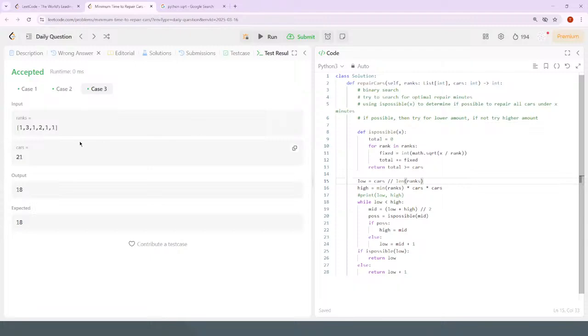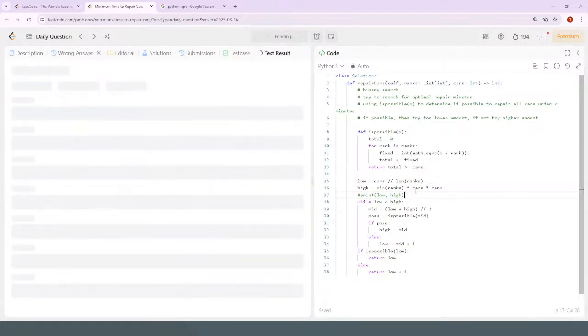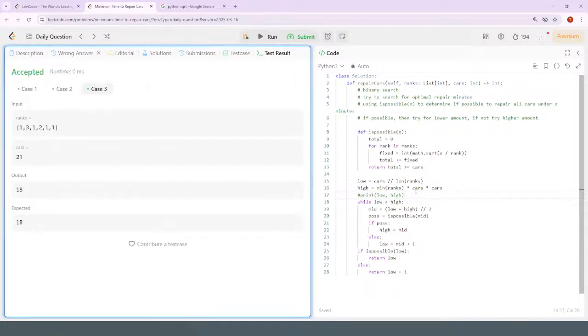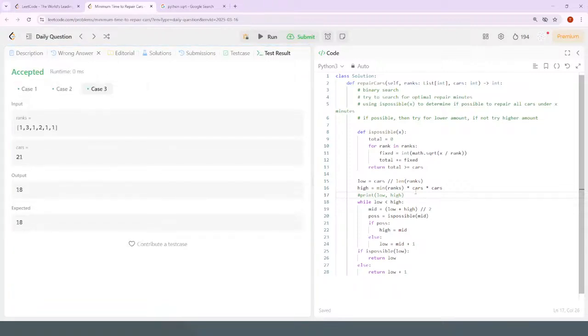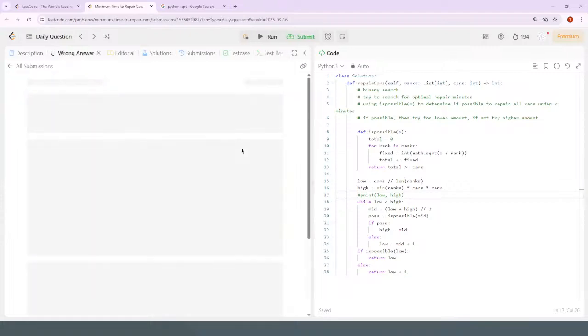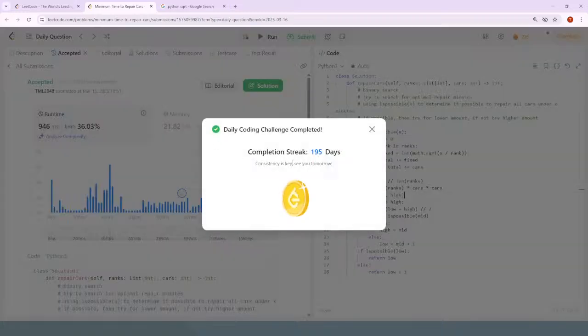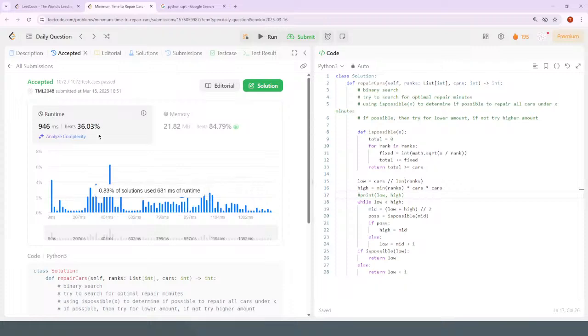Then even in the optimal case, each person needs to spend at least 3 minutes. I think that's fine. That's a solution, but not quite fast enough.